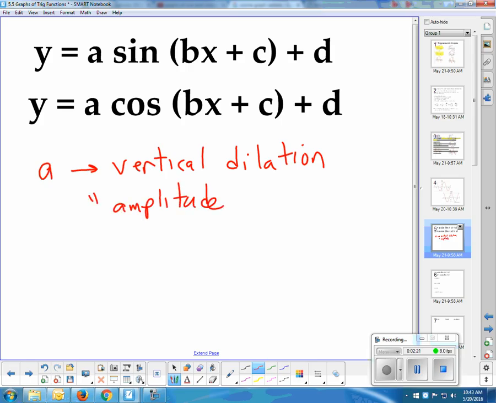If you've taken a physics class or done anything with harmonic motion or oscillation, you may have seen that phrase of an amplitude before. Well, in the realm of mathematics, it is going to be defined as half the height of our wave. And that half is important.